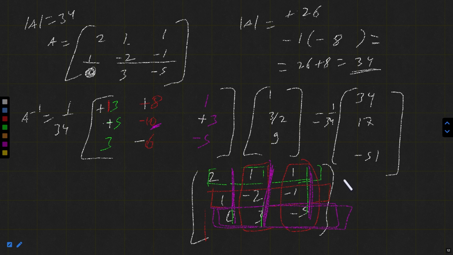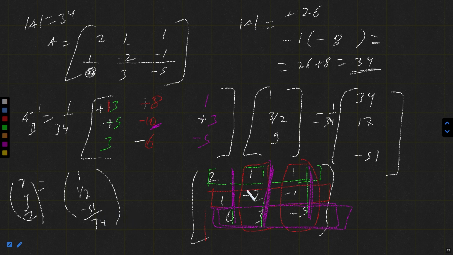Now try to see that this will be just nothing. This thing is same as x, y, z. This is same as 1 by 2 and minus 51 by 34. Yes, minus 51 by 34.